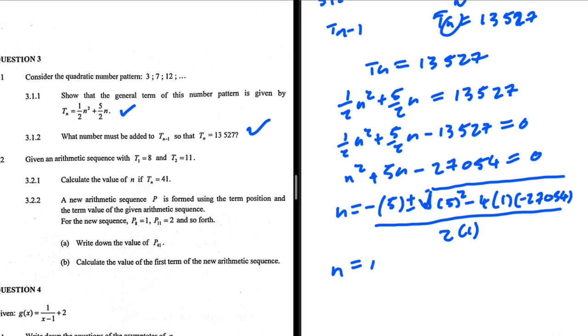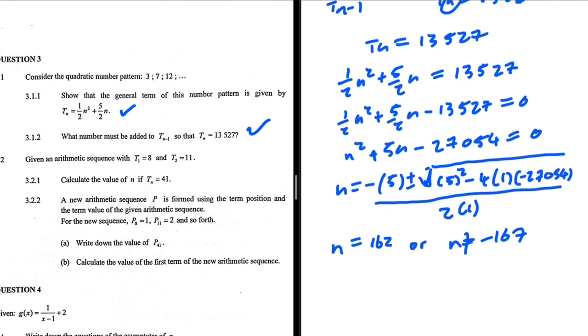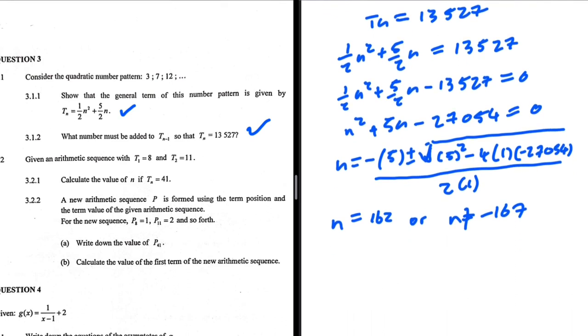So n is equal to 162, or n is equal to, let me replace the plus with a minus sign, and I get minus 167. So obviously position cannot be negative, so n is equal to 162. So T162 is equal to 13,527.